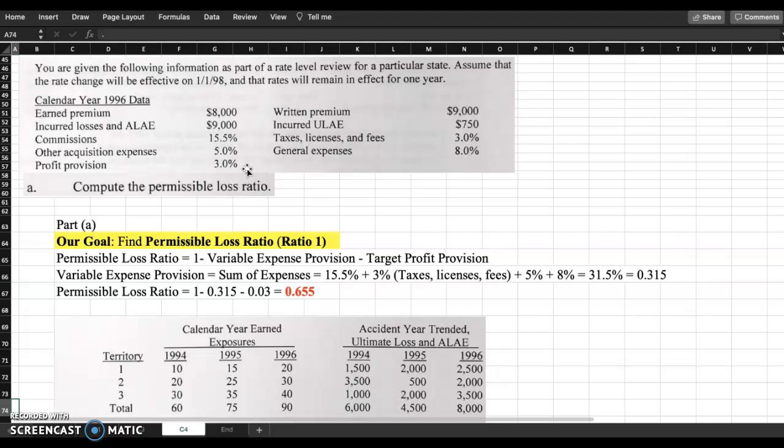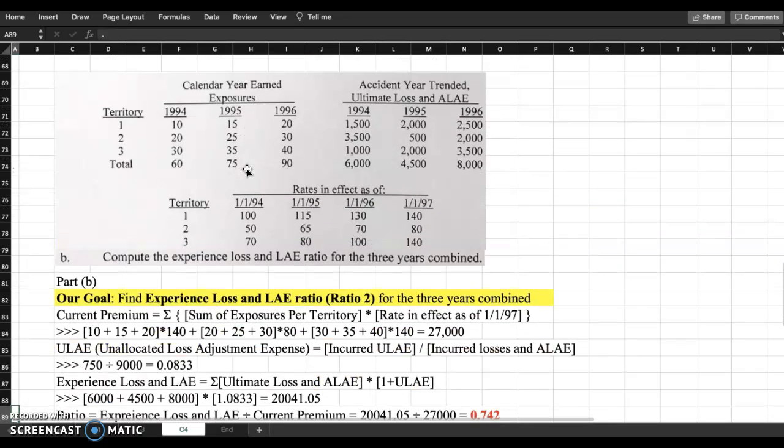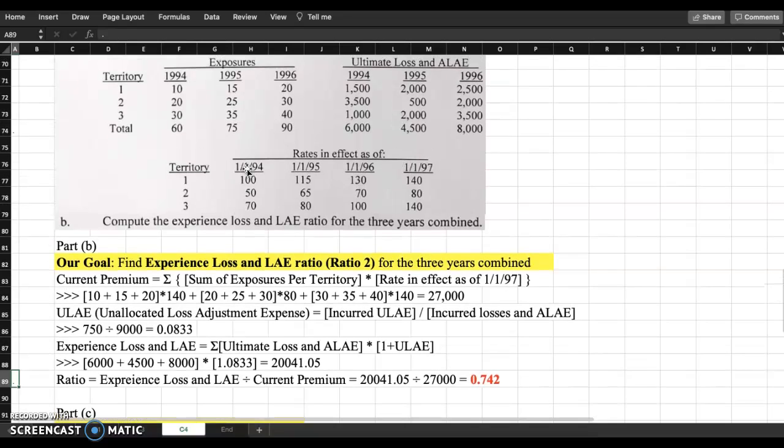Now, let's look at the next part. All right, our goal here is to find the experience loss and LAE ratio, which is the second ratio, for the 3 years combined. Notice that the current premium is the sum of all exposures per territory times the rate in effect as of January 1997.